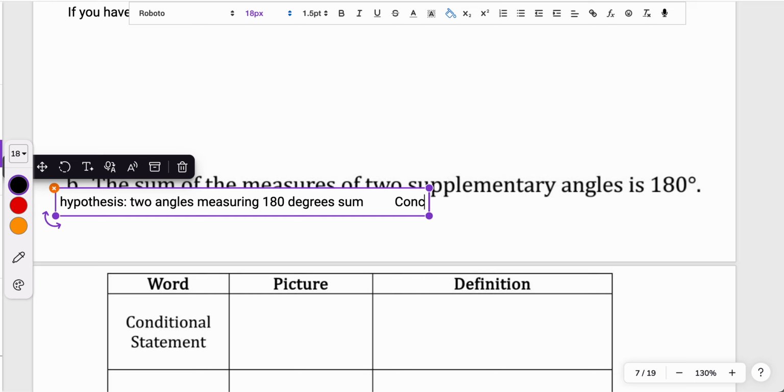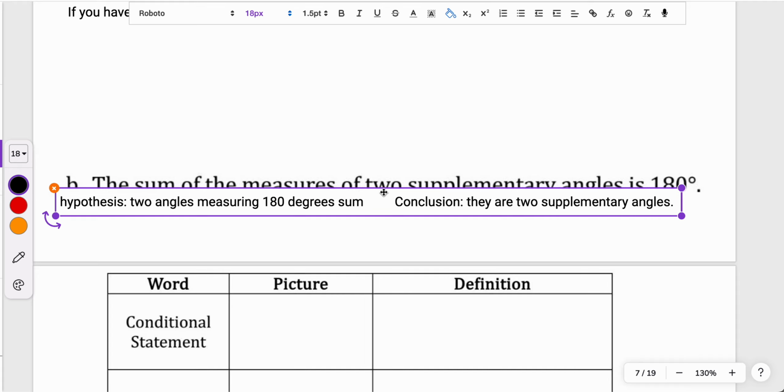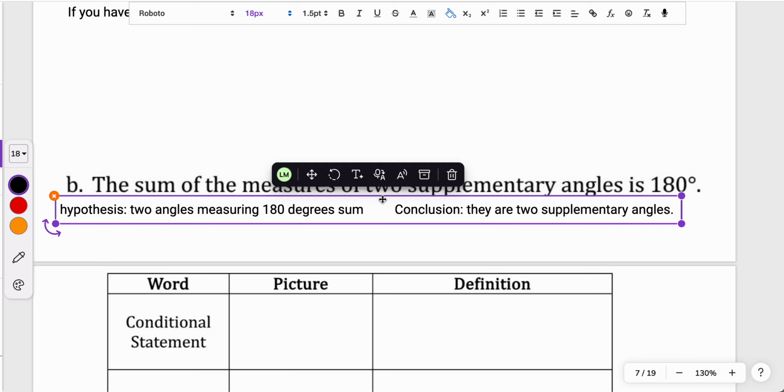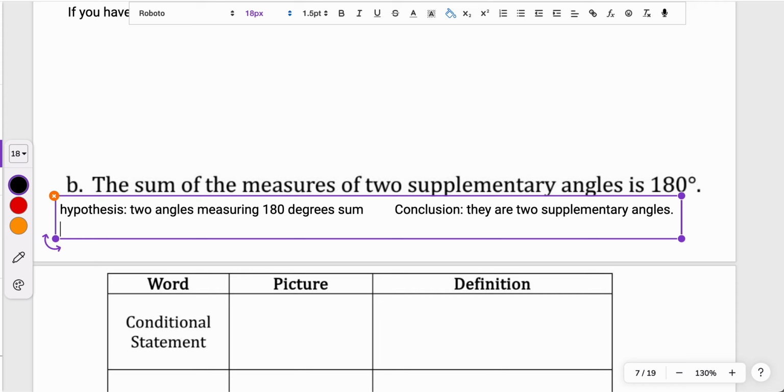The conclusion would be they are supplementary. They are 2 supplementary angles. Okay? The reason why is because you need to make sure they add up to be 180 first before you can categorize them as supplementary.